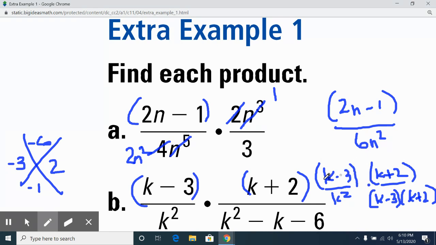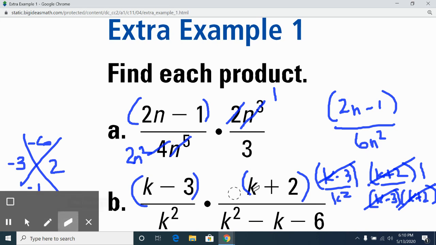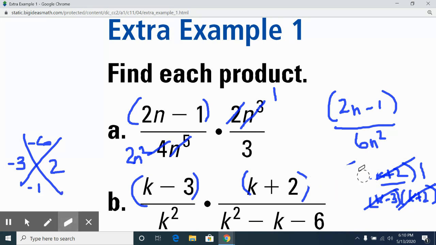And I see the exact same thing in the numerator that I see in the denominator. The k minus 3's can cancel. The k plus 2, even though I'm not cross-canceling it, one's in the numerator, one's in the denominator, so I can still cancel those. So what I'm left with on the top, since everything got canceled, is just a 1. And on the bottom, everything else got canceled other than this k to the second power. So my final answer here is 1 over k squared.